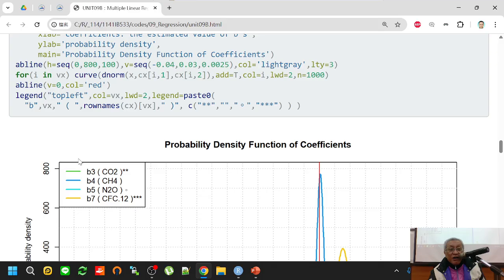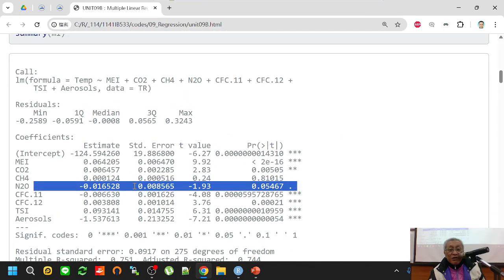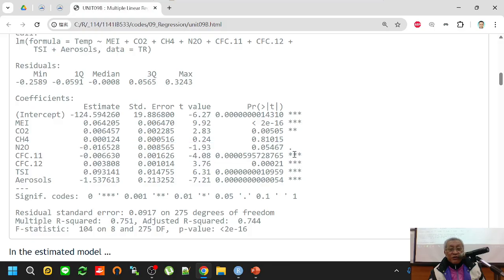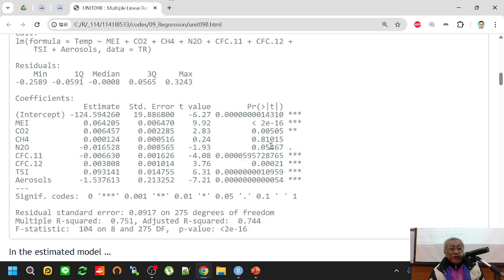Yeah, I think it should be this one, NO2. So it's barely significant because its p-value is actually larger than 0.05. It's not significant, but its coefficient is the largest, in absolute value.